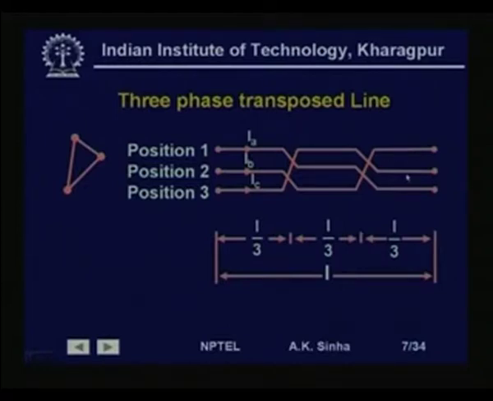In this way, each phase conductor has gone through all the 3 positions for 1/3 length of the line, and therefore, the total flux linkage for each of the phase conductors will be almost same, and because of this, the inductance will also be on the average same for the 3 phase conductors. This makes the transmission line more balanced.